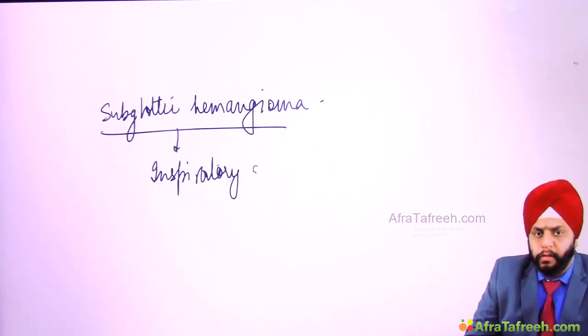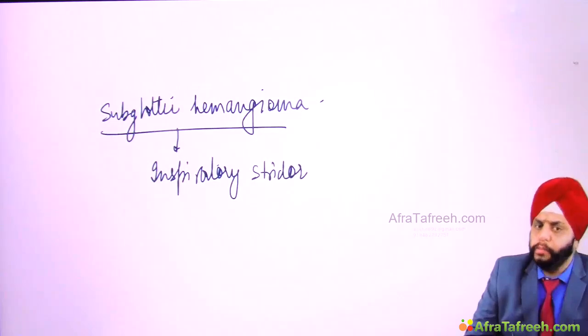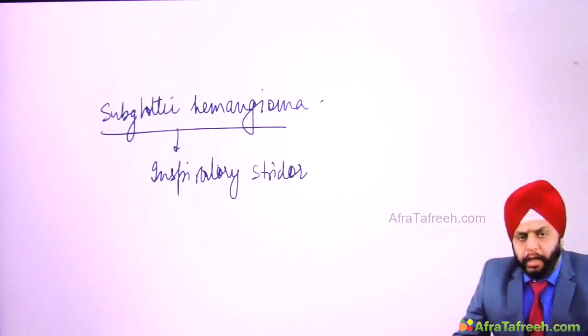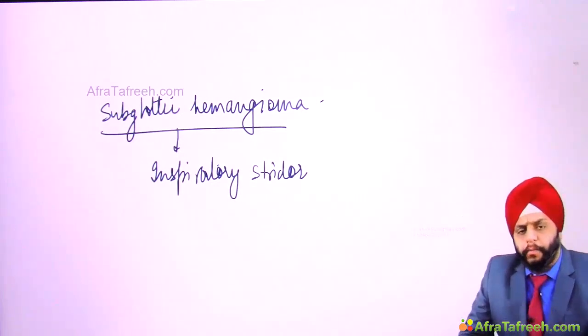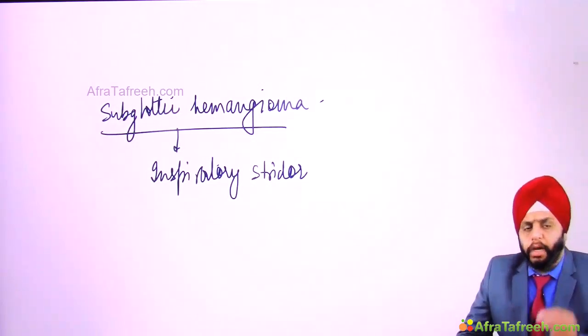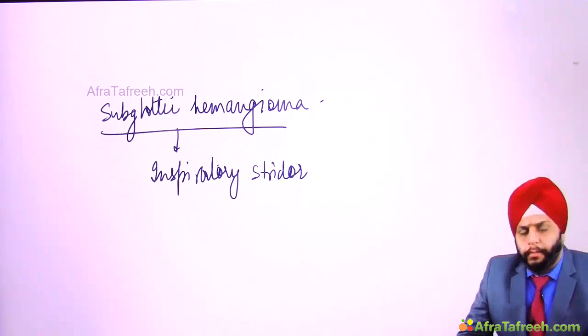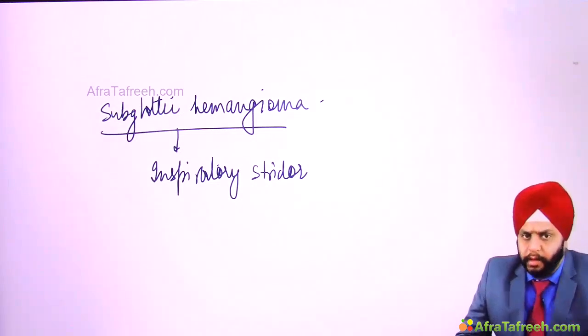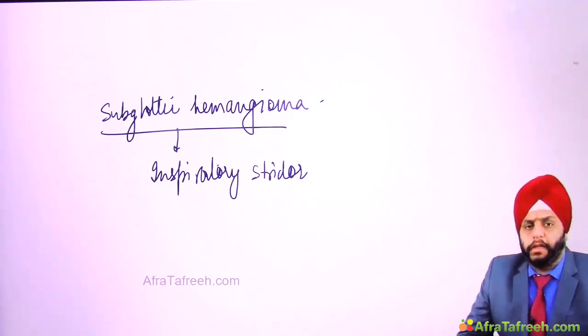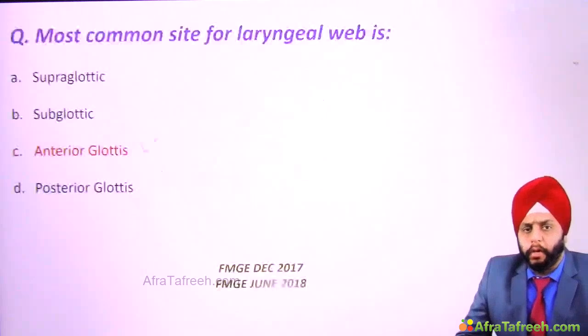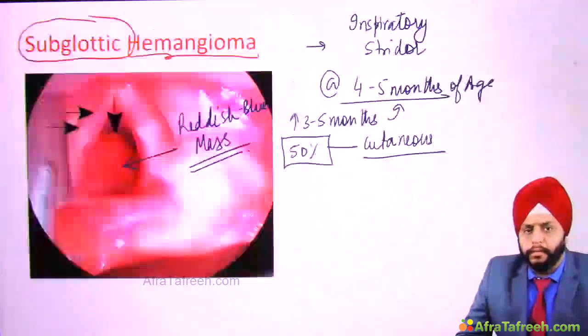I know you must be wondering that sir has just told us a rule that in glottis and subglottis there will always be biphasic stridor, but why has sir taught us that subglottic hemangioma has inspiratory stridor? To understand this, let's go back and look at this photograph of the subglottic hemangioma once again.